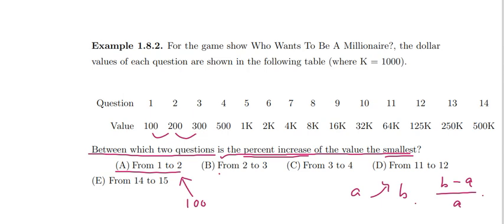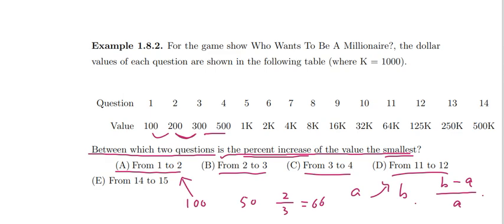From 2 to 3, the increase is 50%, right? And from 3 to 4, the increase is 200 over 3, so 66%, right?